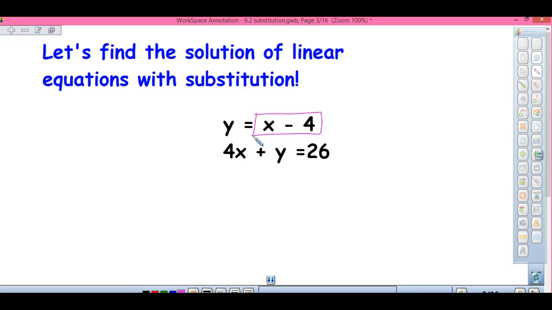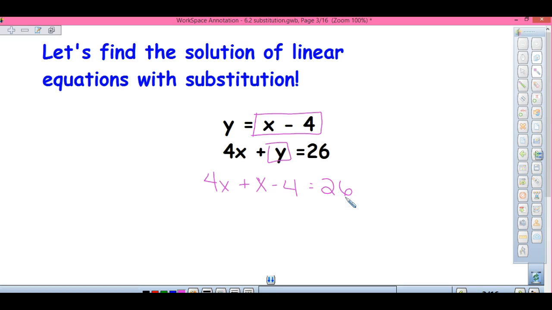Okay, and what are we plugging it in for? Y. So it's going in for y right there. So it's going to be 4x plus, what am I putting in? X minus 4 equals 26.